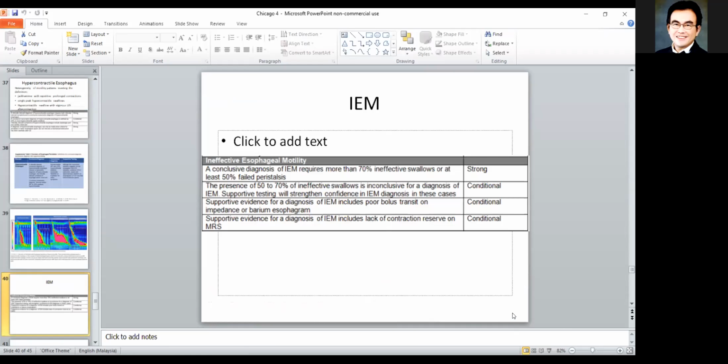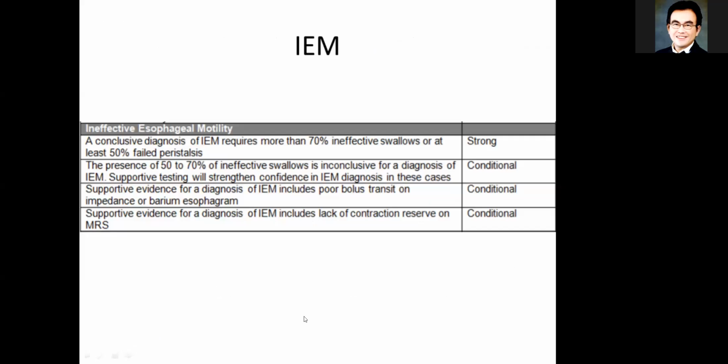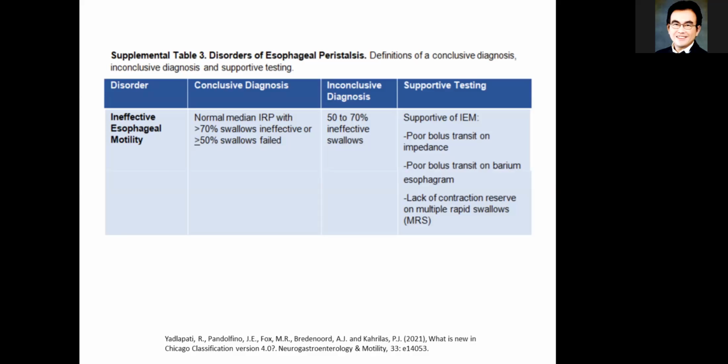Now, with IEM, exactly like what Peon mentioned, it has changed from previously 50%, now it goes up to 70% of ineffective swallows. So if you have swallows that are ineffective between 50% to 70%, that is one where again you might need to depend on some supportive testing.